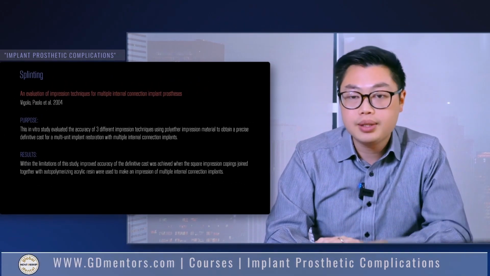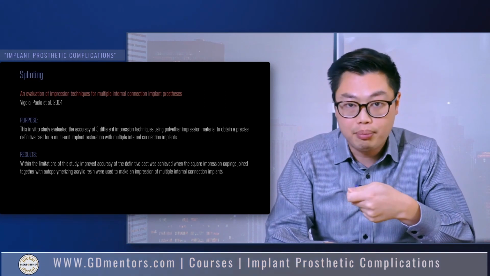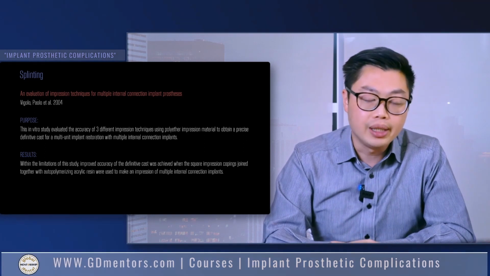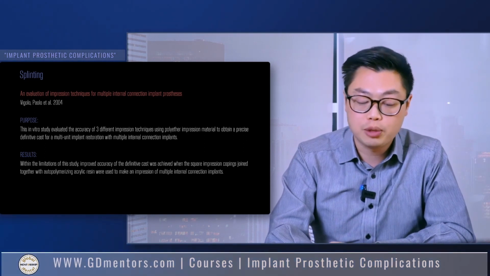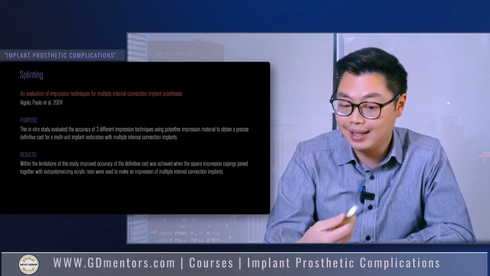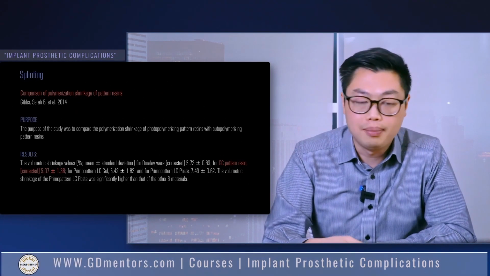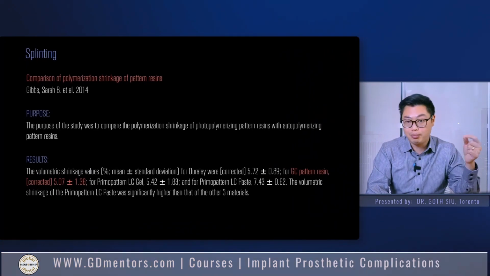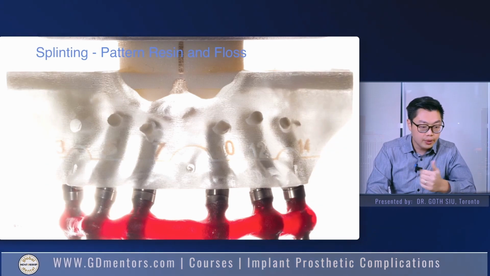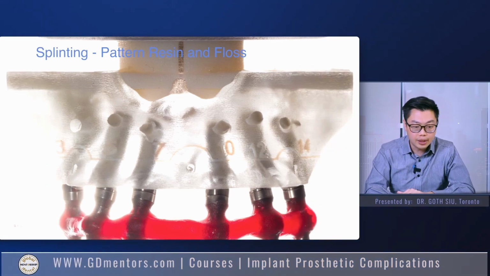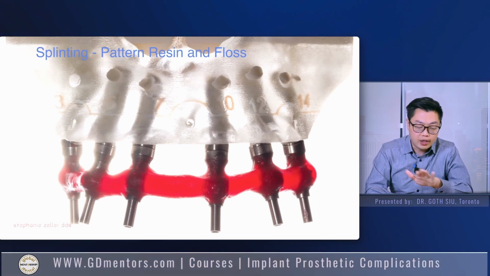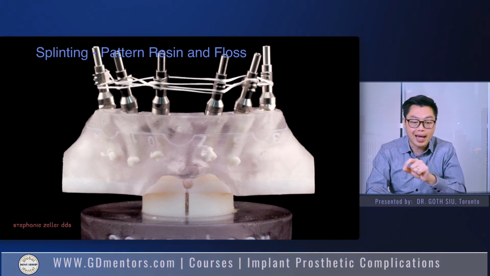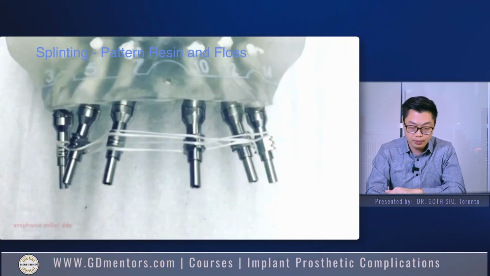Splinting impression copings in full arch cases for the impression has been shown to be beneficial, is more accurate, but you have to sort of look at how you are splinting the impression copings, the technique and the material used. The most common recommendation is to use GC pattern resin or Duralay to kind of splint impression copings together. Like in this video, I borrowed this video from Dr. Seller, and basically a very common method is to use floss to kind of join the impression copings together, and then using pattern resin to splint them together.